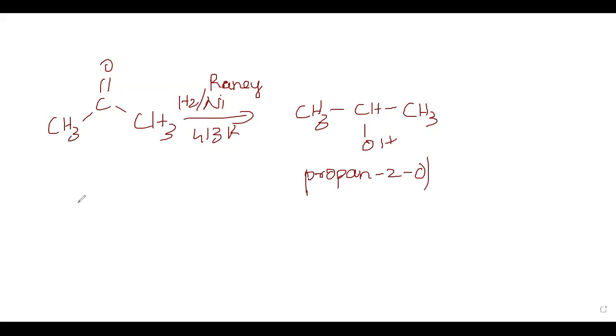Now, what are the reagents you can possibly use for the release of nascent hydrogen? They are powerful, but what is it? Lithium aluminum hydride, or sodium borohydride, both are of the same genre.